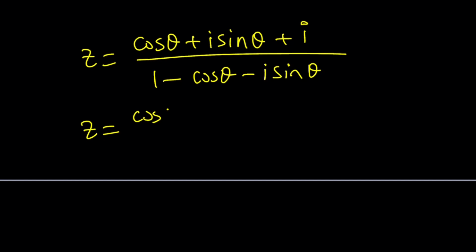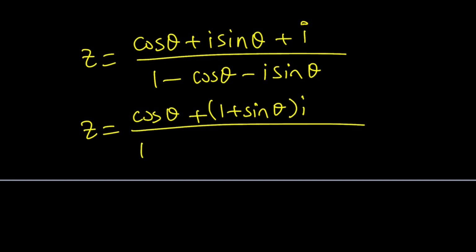We can write this as (cos θ + 1 + sin θ) all multiplied by i, and then that's divided by 1 - cos θ - i sin θ. Doesn't matter either sin θ i or i sin θ. The problem is at the bottom we could use double angle formulas, but I don't think it's going to work for the numerator unless we make some changes, and that's going to be kind of time consuming.